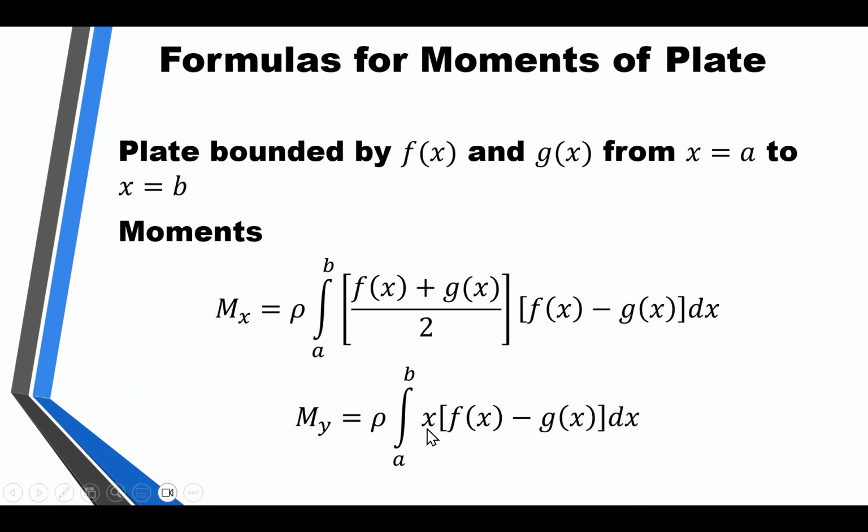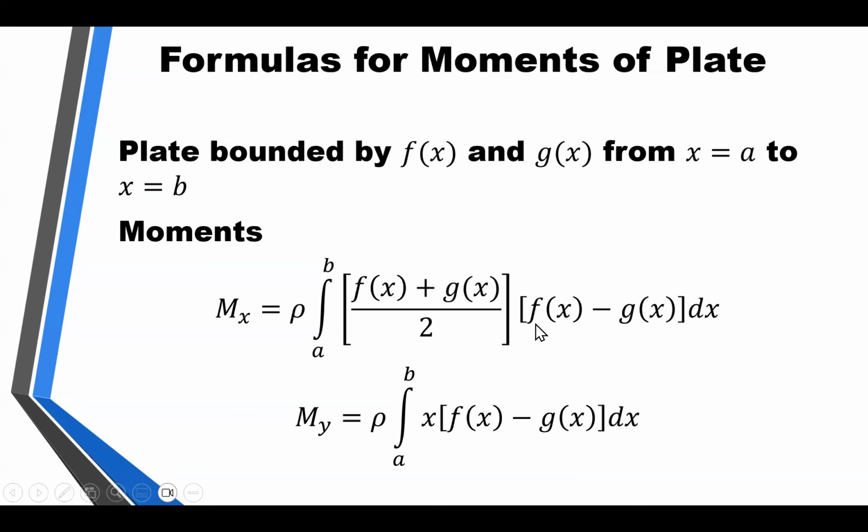So it's the x value times the length of the rectangle. And then add those all up, take our limit going to 0, we get an integration from a to b. Then, obviously, I multiply by the density of whatever object we're dealing with.